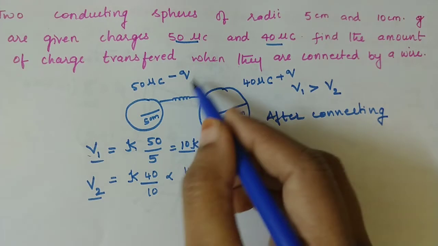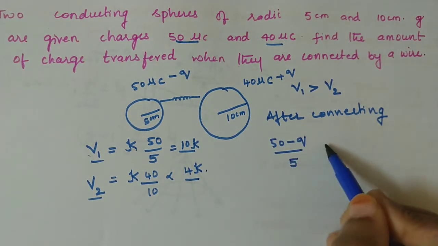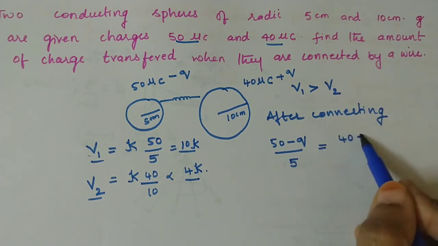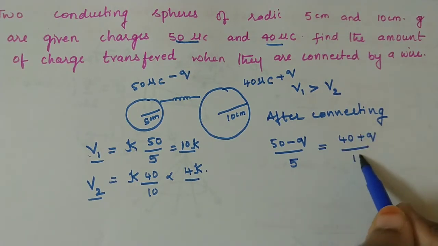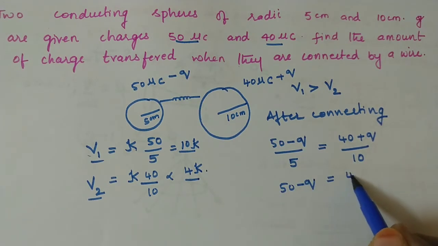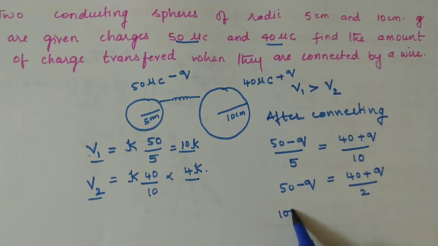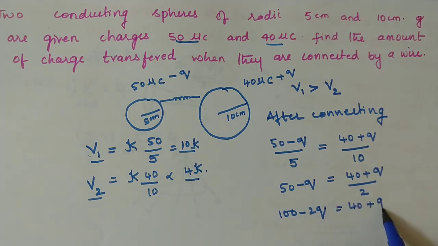Now the charge on it is 50 minus q by 5 should become equal to 40 plus q divided by 10, or 50 minus q is 40 plus q divided by 2. Cross multiply, 100 minus 2q should be 40 plus q, implies 60 is equal to 3q, or q is equal to 20 microcoulomb.